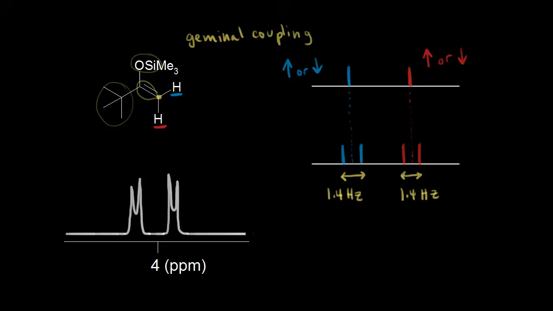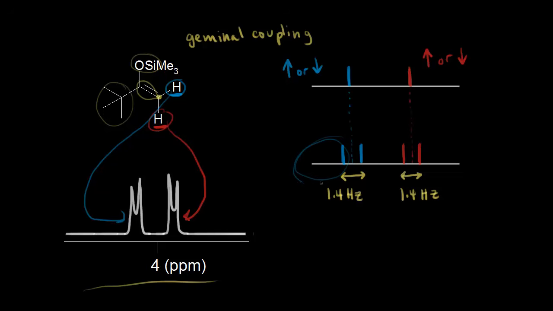All right, over here is a zoom in of the actual NMR spectrum. The signal for the red proton is right here, and the signal for the blue proton is over here. When we looked at the spectrum with coupling between the protons, we just assumed that the heights of these two peaks were the same.